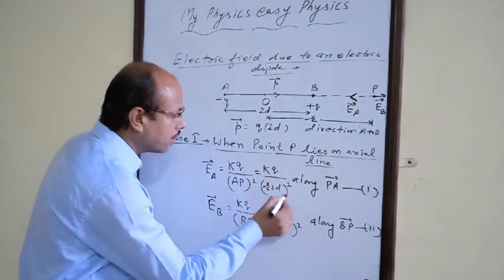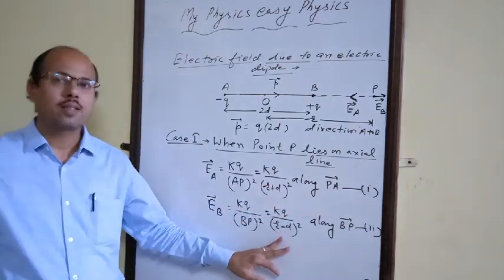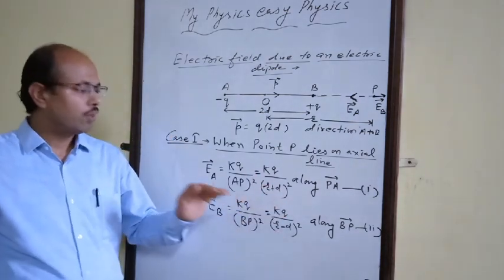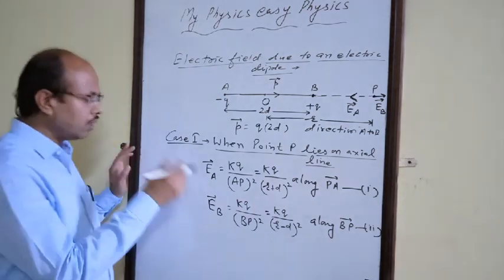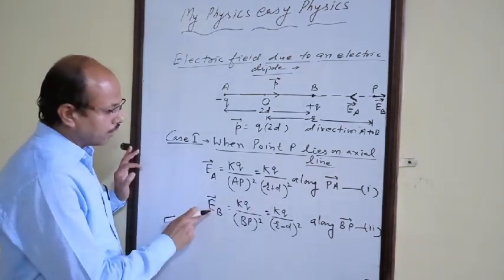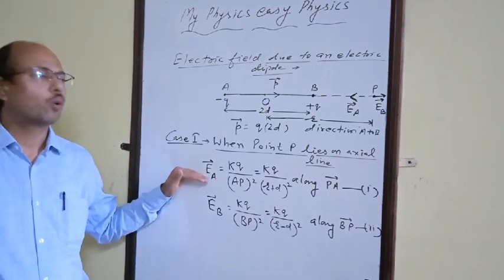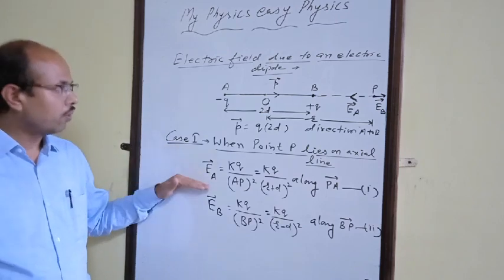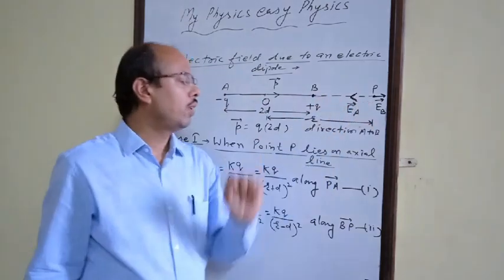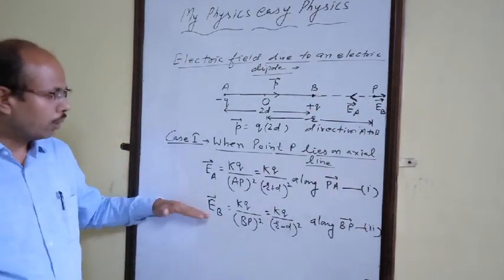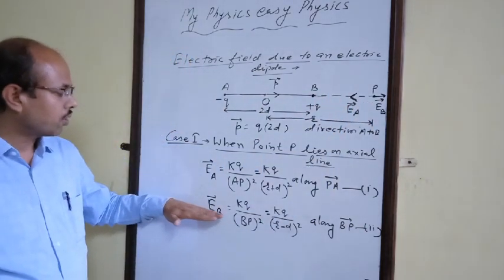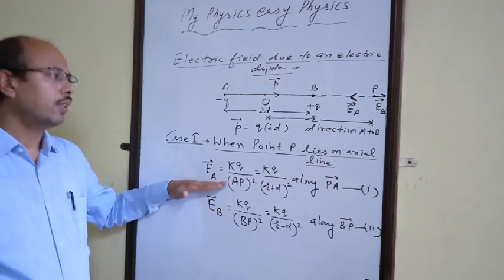Here the denominator is high, here the denominator is less. Therefore, the magnitude of EB will be greater than the magnitude of EA, and therefore the net electric field at point P will be the subtraction of EB and EA.